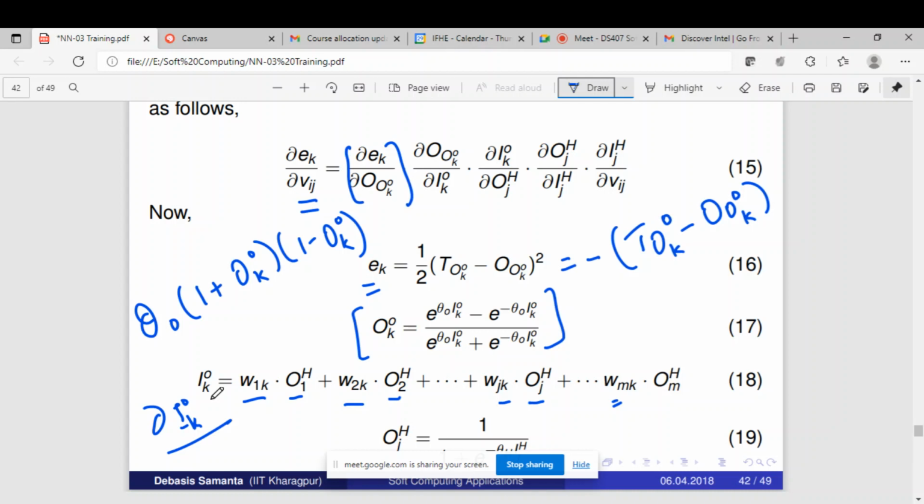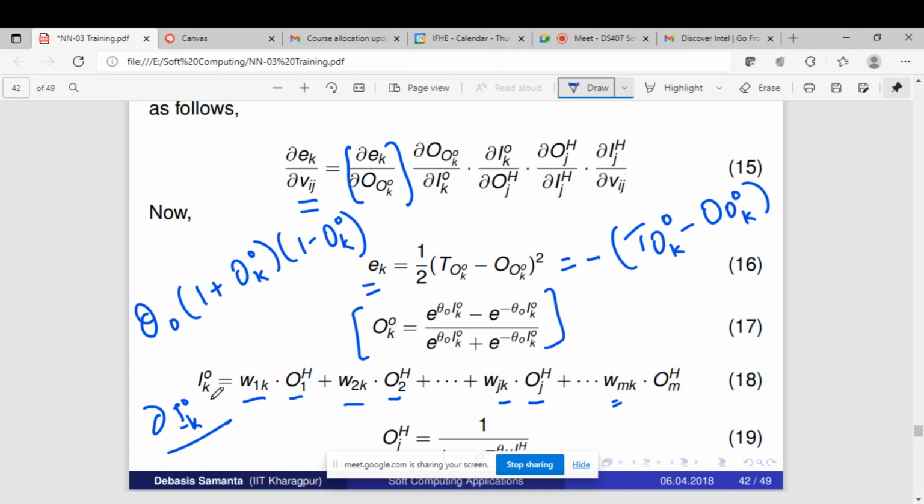So this will become O_j^h, and when you take the derivative, the O_j^h part will become 1. So it will be WJK, and all remaining terms will be 0. So derivative of I_k^o with respect to O_j^h is nothing but WJK. So in this place we will be getting WJK.